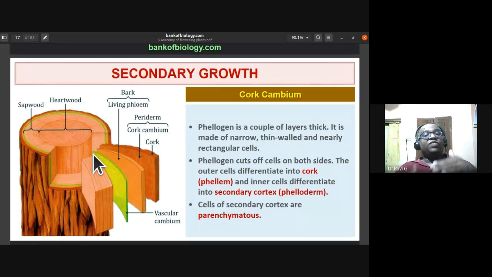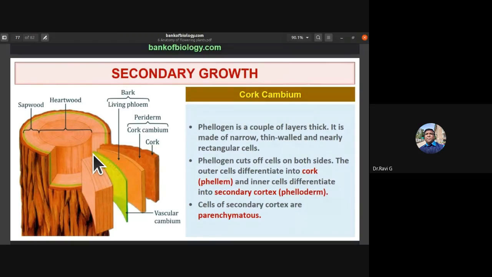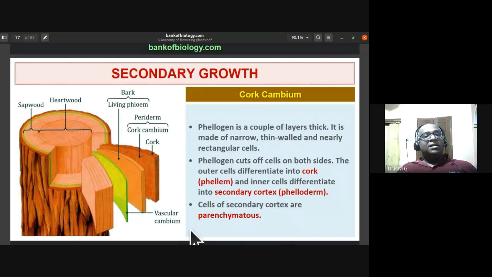So in the cortex, a layer of parenchyma cells de-differentiates to form secondary meristem, which we call cork cambium or phellogen. Towards the outside, it cuts off cells which form the phellem or cork, and towards the inside, the cells differentiate into secondary cortex or phelloderm. The cells of secondary cortex are parenchymatous.